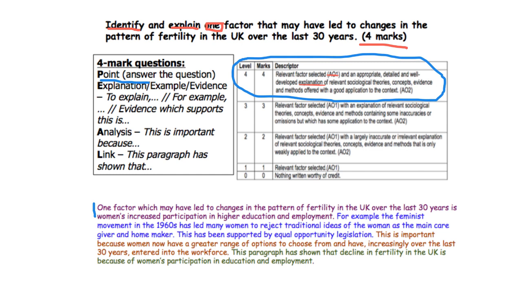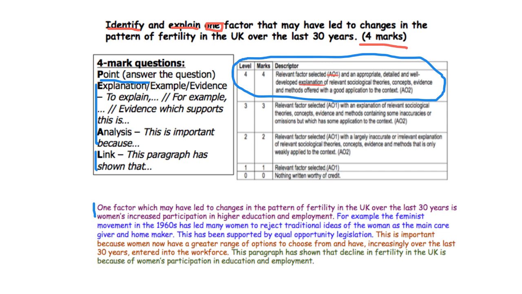And then you need to have an appropriate, detailed and well-developed explanation of relevant sociological theories, concepts, evidence, and methods offered with good application to the content. That's your AO2, and that's really your explanation and analysis. This section here is what gets you the AO2 marks. And this link here is just making sure that you're keeping to the question, and it's just a sentence at the end.